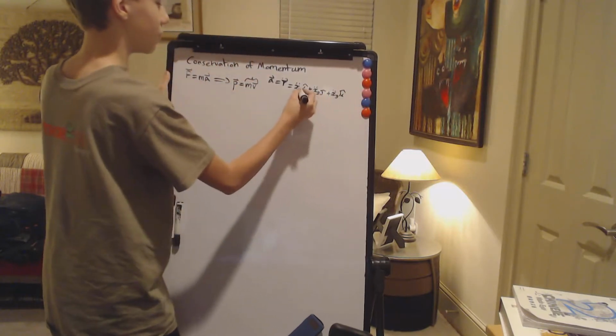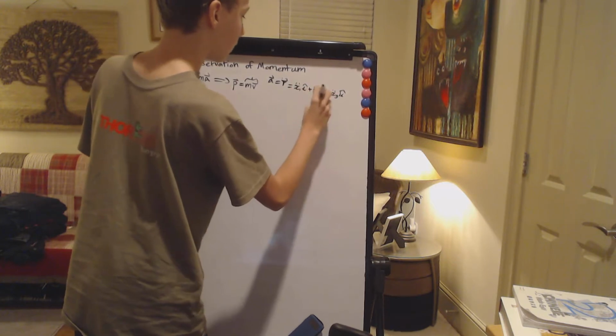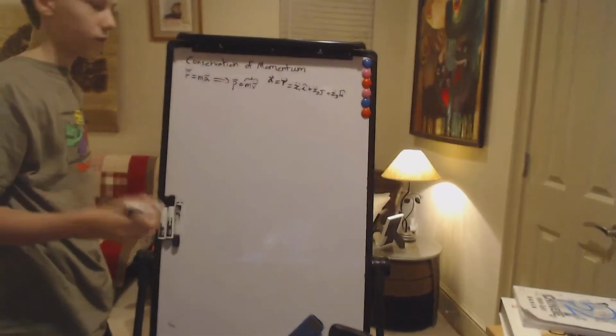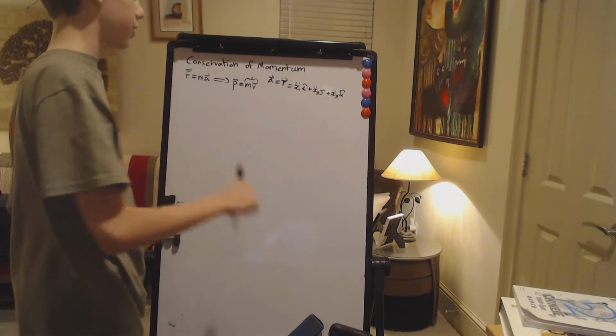The reason we're not taking the derivative of the unit vectors is that whenever we do the product rule on the derivative of a vector, those will turn out to be 0 since they're not dependent on time.